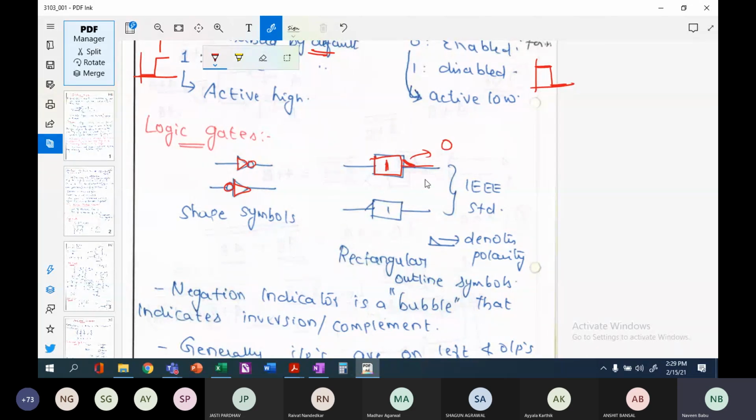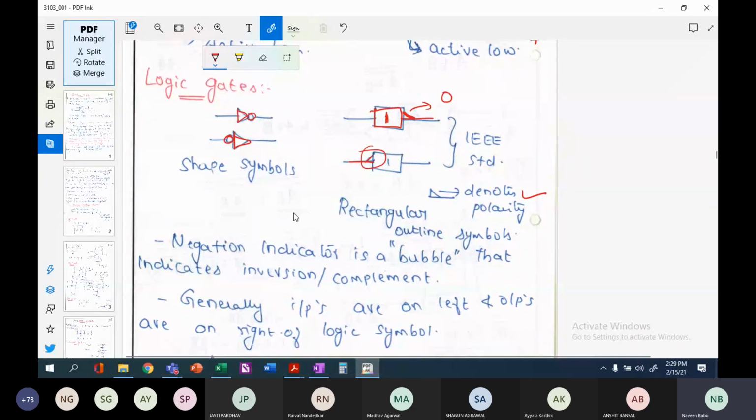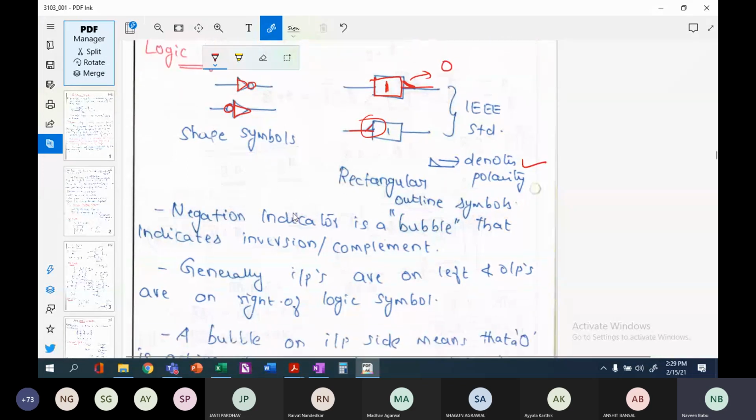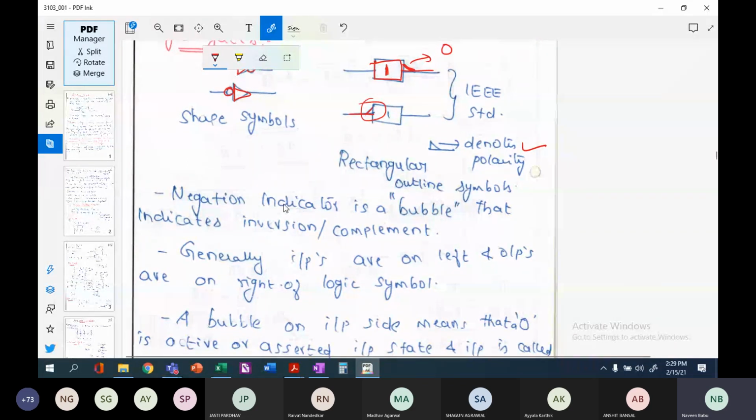Similarly, you can have a bubble like this also, as mentioned in this diagram. This particular part denotes the polarity, right? So these rectangular symbols can also be used as gate symbols, especially for NOT gates and AND gates. The negation indicator, which is nothing but a bubble, represents the complemented form.